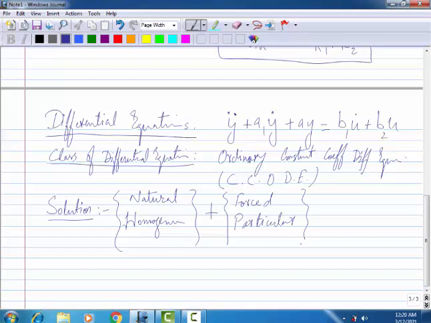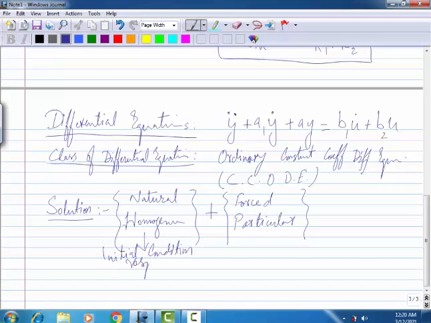Now the first part of the solution is known as the natural or homogeneous solution. Actually this solution depends upon initial conditions. First, this is the initial condition, and normally in control systems we don't use the word output, we use the word response.